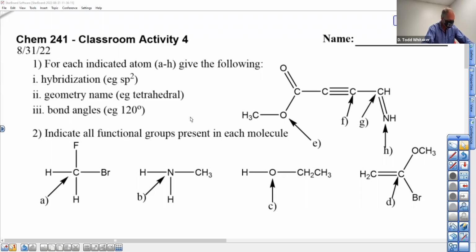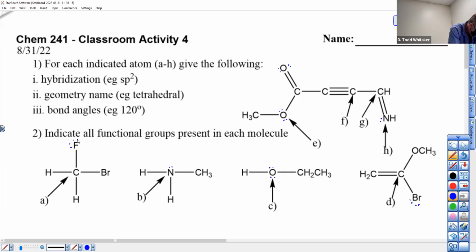Continuing our discussion of hybridization, bond angles, and geometry, we have our next activity. Before I move on, I'm going to make sure I put my lone pairs on because they do contribute to geometry, just the nature of each atom.